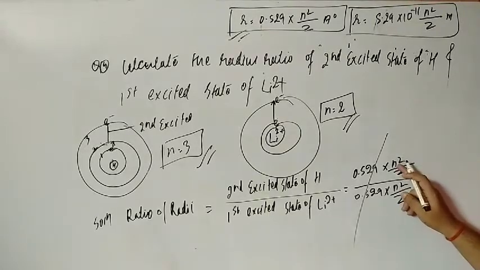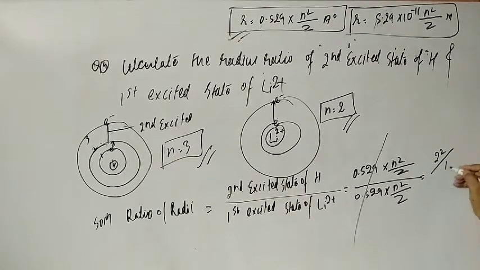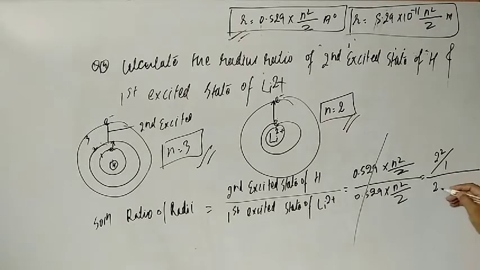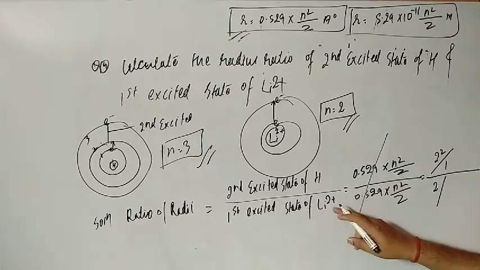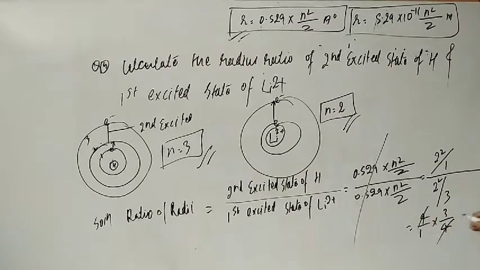So the n value for the second excited state is 2 square, Z value is 1 for hydrogen. For the first excited state n equal to 2, and the Z value for lithium is 3. So solve it out, that is 4 upon 1 multiplied by 3 by 2 square.